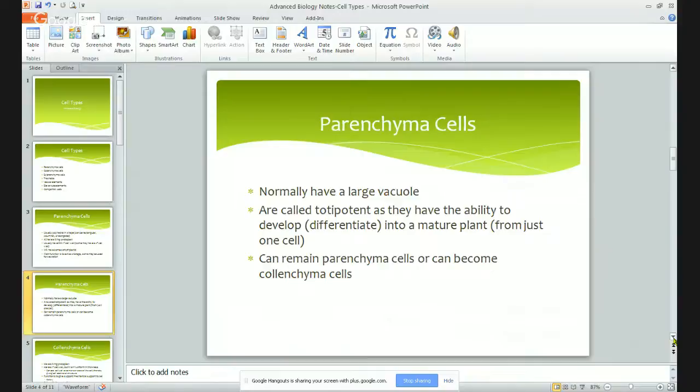So you can start with one parenchyma cell and end up with a full plant. It's called totipotent. And like that implies, your parenchyma cells can remain parenchyma cells. They are usually found in the softer plant tissues, or they can differentiate into becoming collenchyma cells. They can become sclerenchyma cells also.